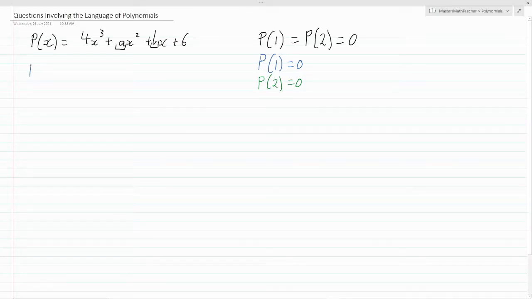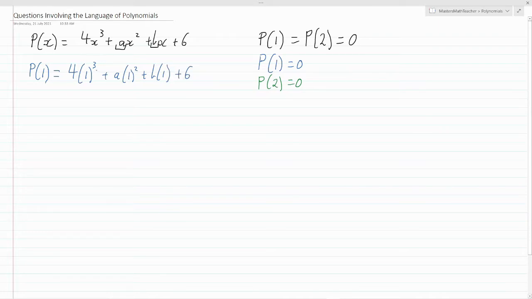We've got p of 1. Now, remember when we substitute that value in, all we have to do is replace x with 1. So we got 4 times 1 cubed plus a times 1 squared plus b times 1 plus 6.